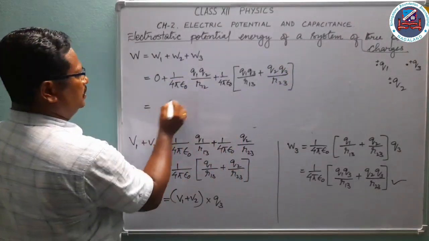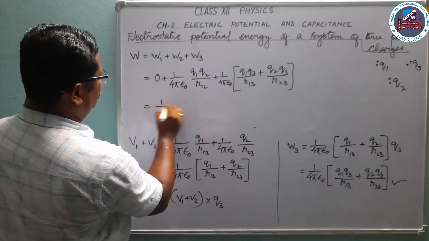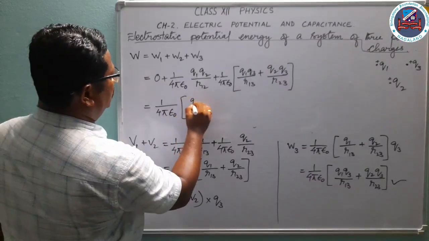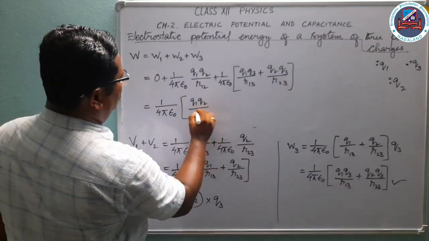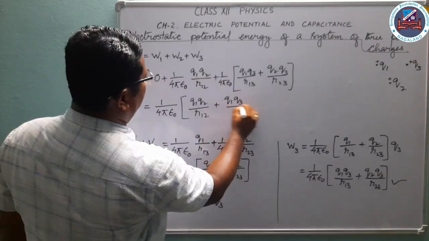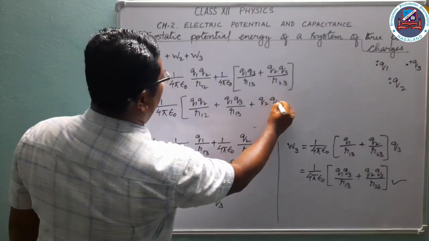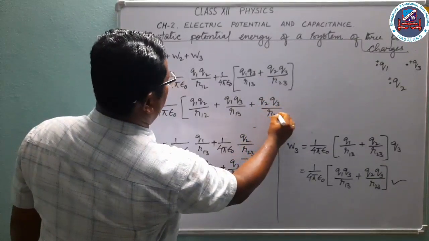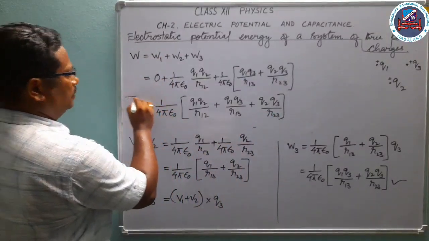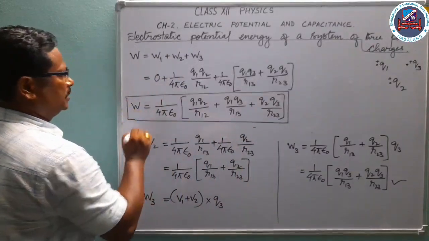So now this is 0, leave it aside. These two you can take common. 1 by 4 pi epsilon naught, Q1 Q2 divided by R12 plus Q1 Q3 divided by R13 plus Q2 Q3 divided by R23. So this will give us the net work done by the system of three charges.